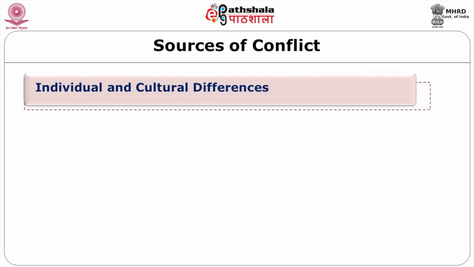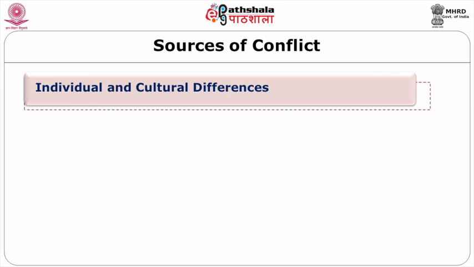So it may happen that when a person comes in contact with another person, there might be chances of clashes of opinion, clashes between interest, clashes between values and attitude, which will give rise to conflict.